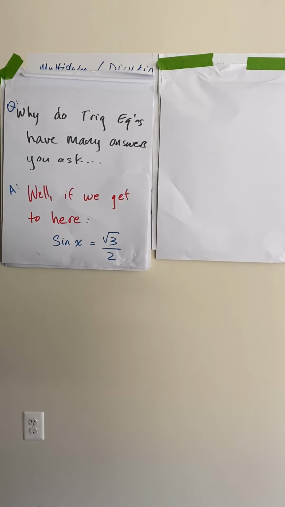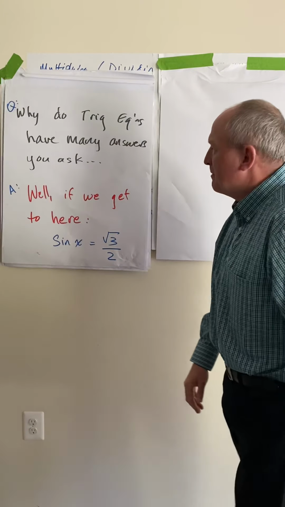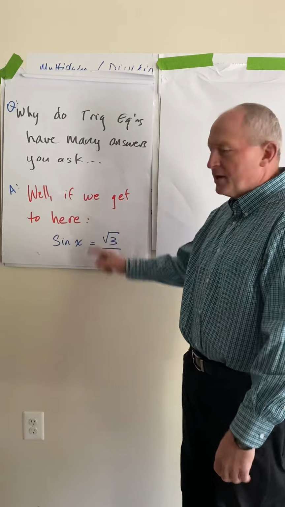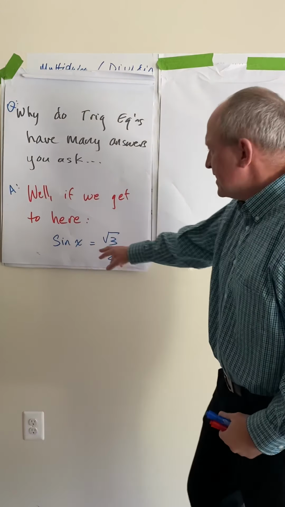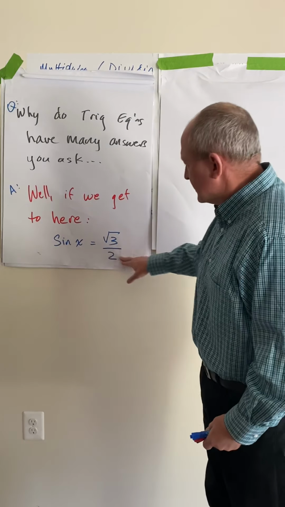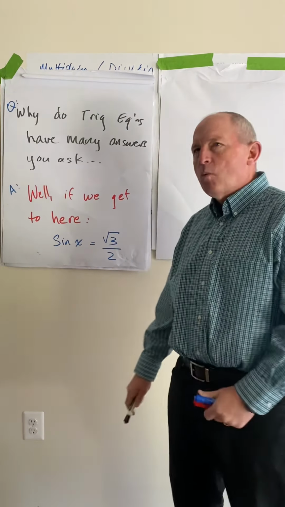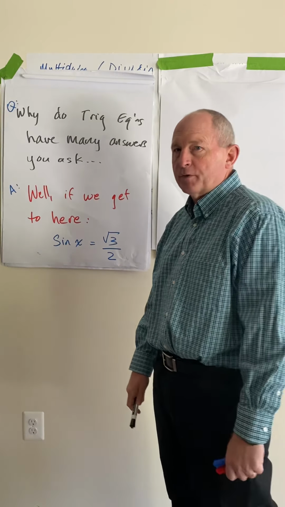All right, so you asked the question just now in your head, I think I heard somebody say, why would a trig equation have many answers instead of just one answer? Here's what we have to do. Think about this. If we get to a point, say, sine of x equals root 3 over 2, we have to think in our head, what angle x would have a sine of root 3 over 2?